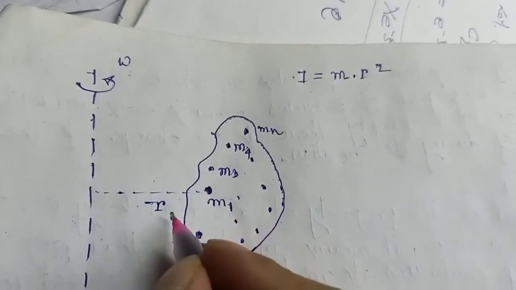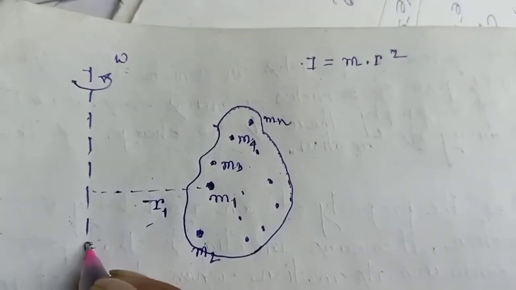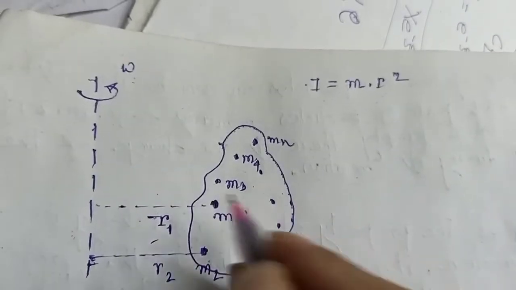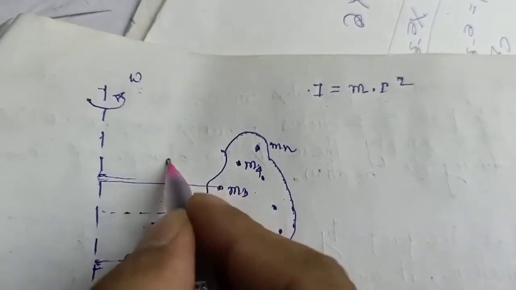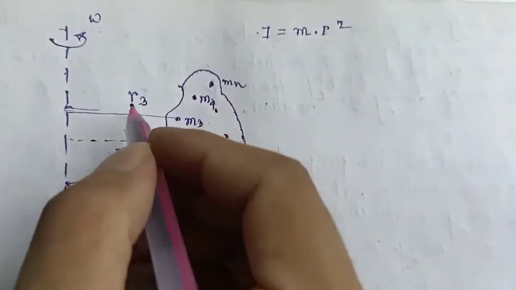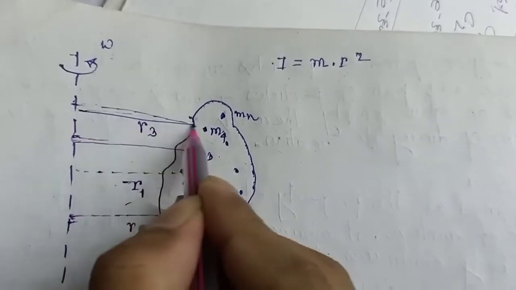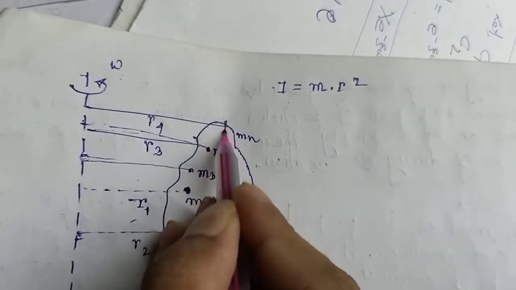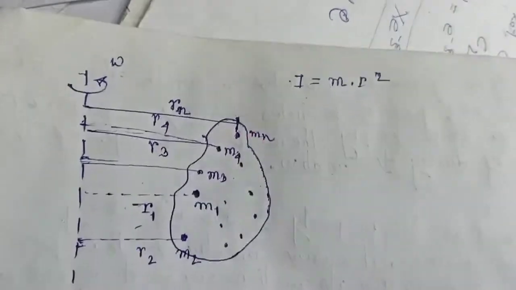Its corresponding distance from the fixed axis is r1, the distance from the fixed axis to mass m2 is r2, to mass m3 is r3, the distance of mass m4 from the fixed axis is r4, and similarly the distance of the nth particle from the fixed axis is rn.